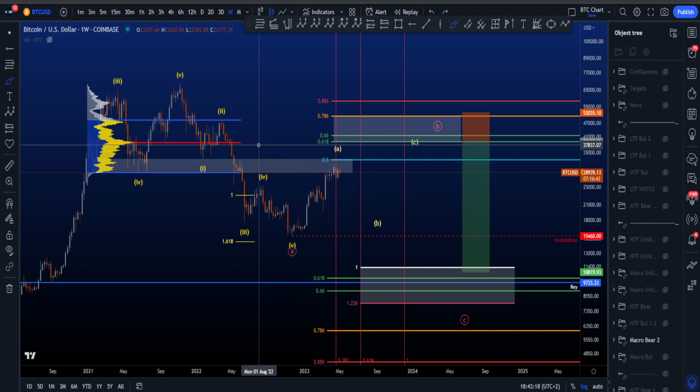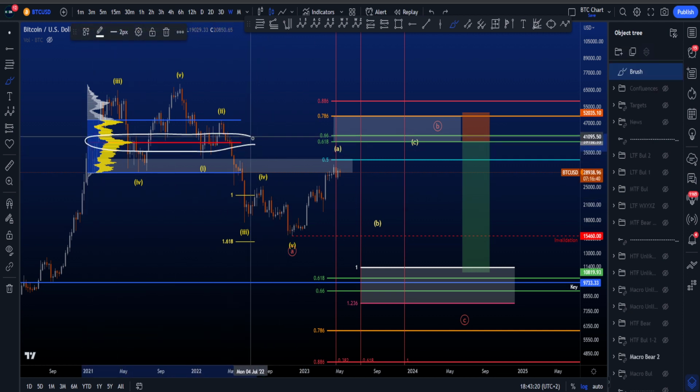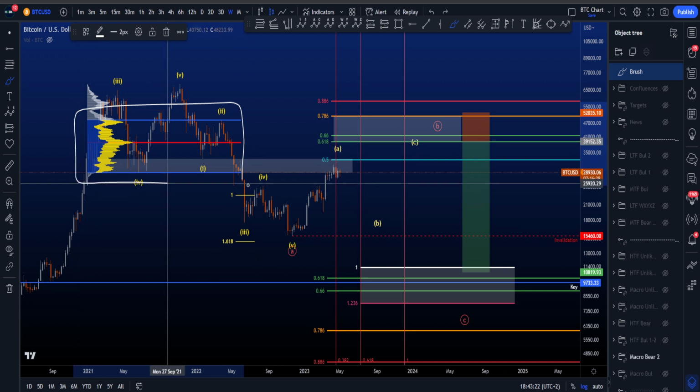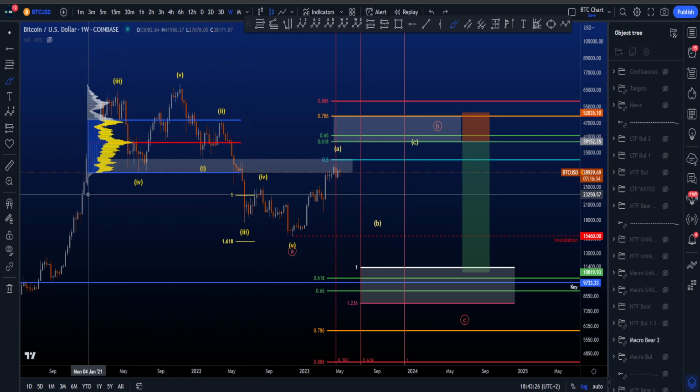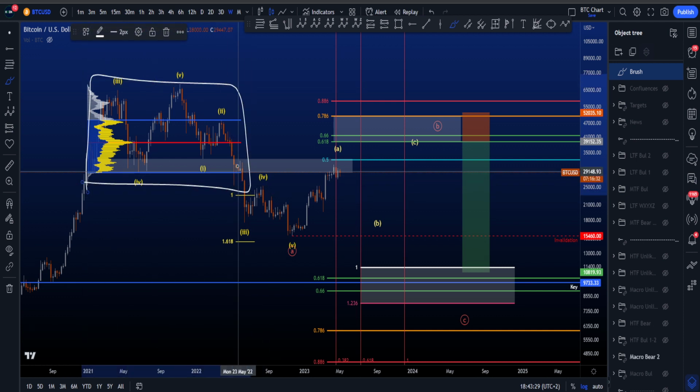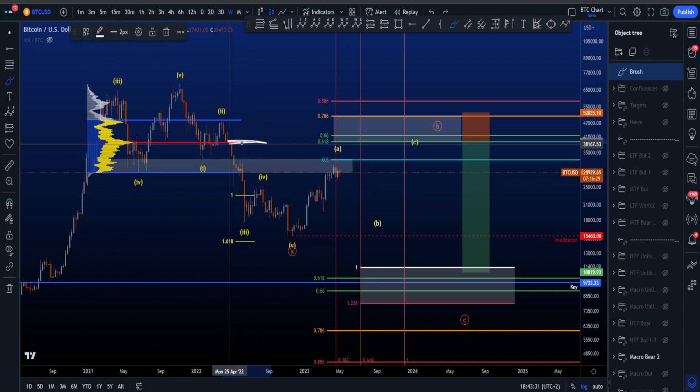But more importantly, we also have the point of control of this range over here. And the point of control is the area where the most volume has been traded in this massive over a year range. So this is incredibly important resistance, and it also happens to have confluence exactly with the golden pocket over here.